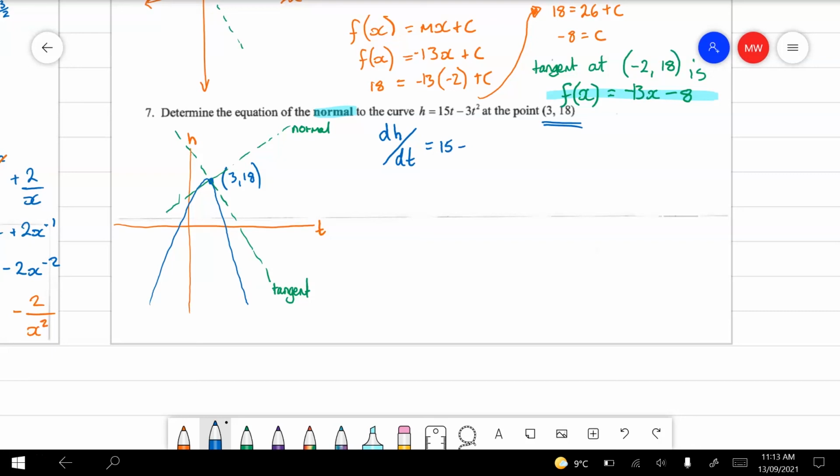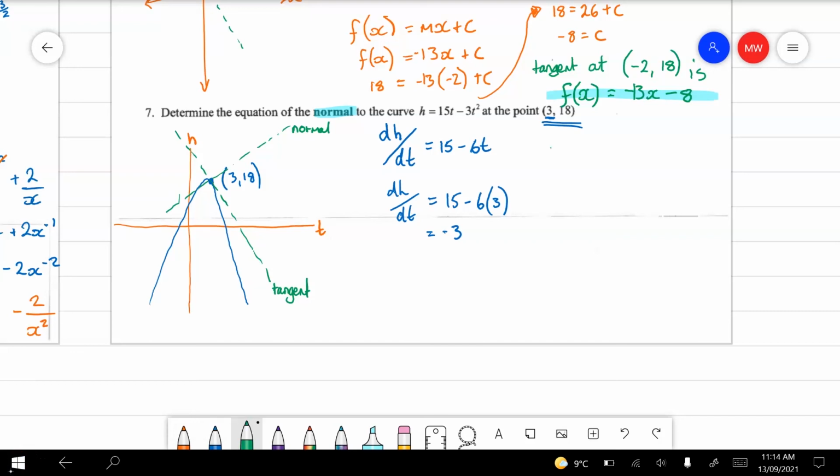So we've got 15 minus 6t. So this is our derivative function. We've still got a t value here of 3. So let's sub that in. So dh/dt when t is 3 will give us an answer of minus 3. And so what we might do is just make ourselves a little note over here so we don't get confused.